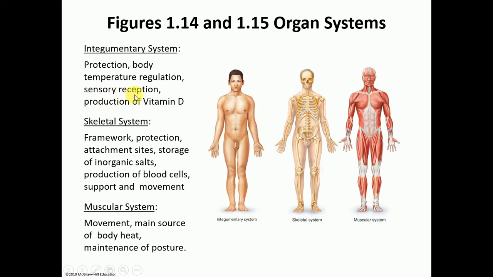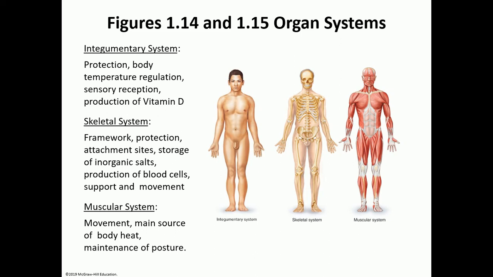Next would be your skeletal system, and that will be your bones. So it's made out of the different parts of the skeleton. It provides kind of like a framework as to what the body is going to look like. It is important for muscle attachment. It is important because if we don't have bones, we wouldn't have joints. Okay, so joints provide that movement.